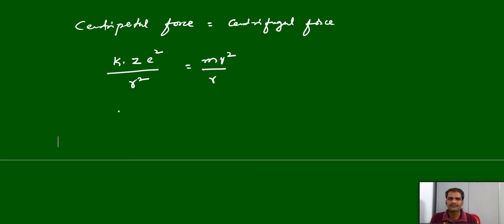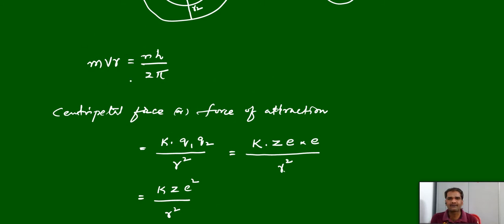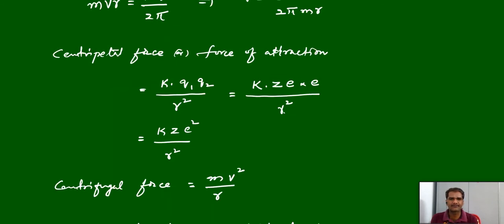From this, k into Ze square by r square is equal to m by r into v square. From the angular momentum, we know that mvr is equal to nh by 2 pi. From this, v is equal to nh by 2 pi mr, and this v value we now substitute here.